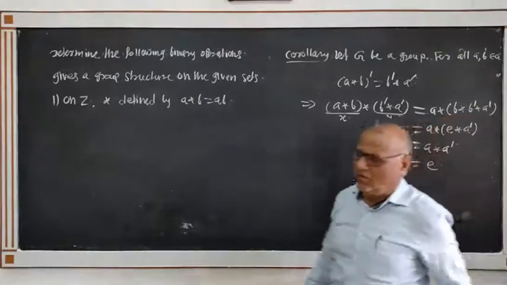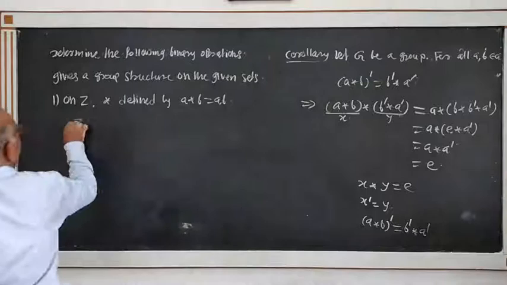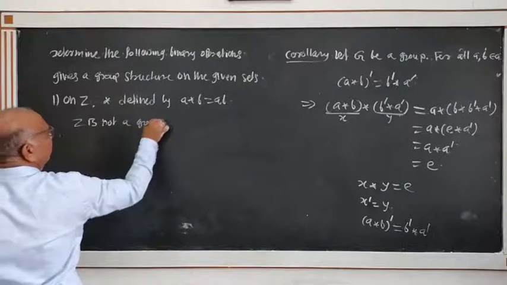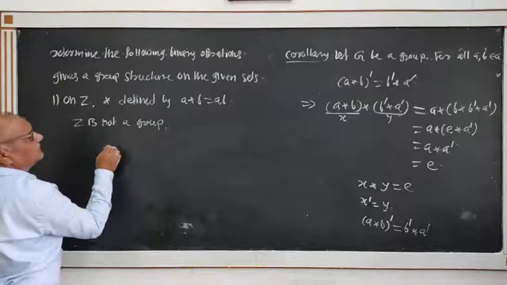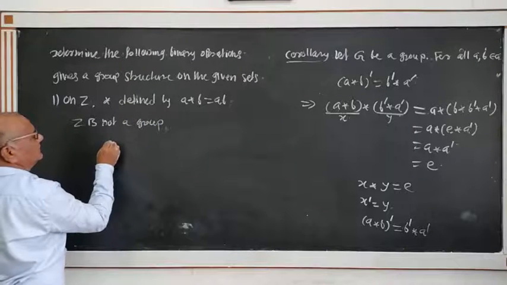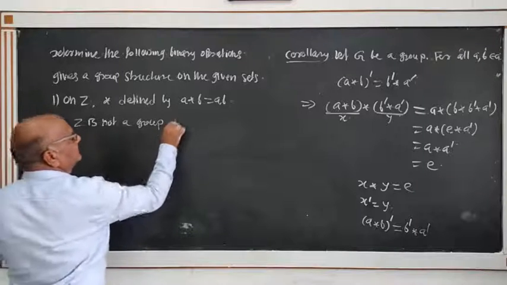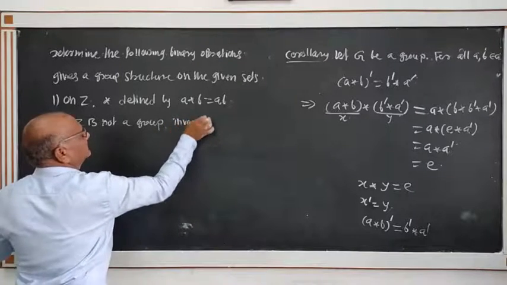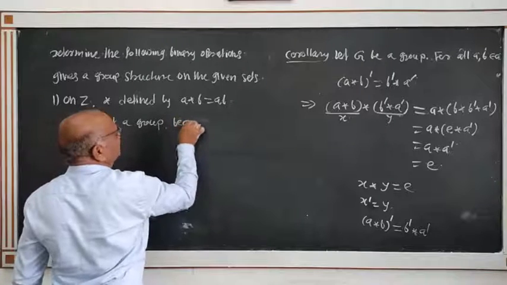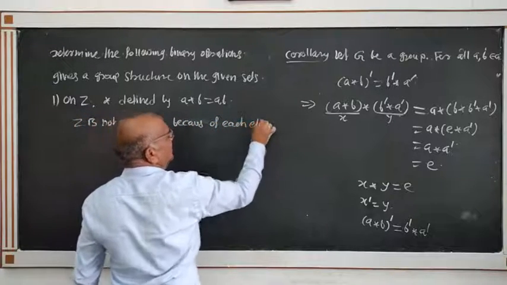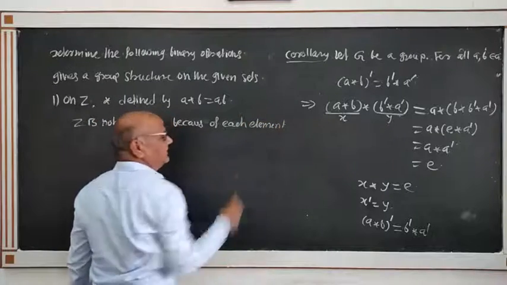Answer is no. Z is not a group. Why? Because the inverse of each element does not exist.